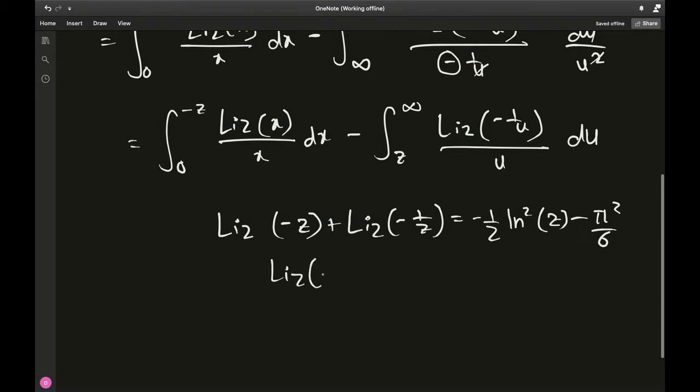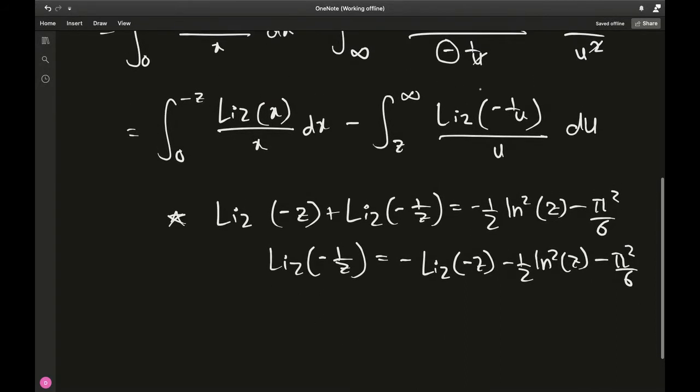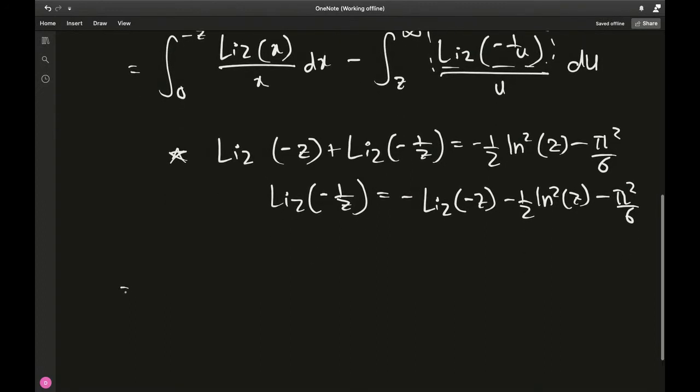If we separate this reciprocal term out, we have minus the dilogarithm of negative z minus half natural log squared of z minus pi squared over 6. We have a reciprocal term in our integral, so I'm going to make that substitution in here.